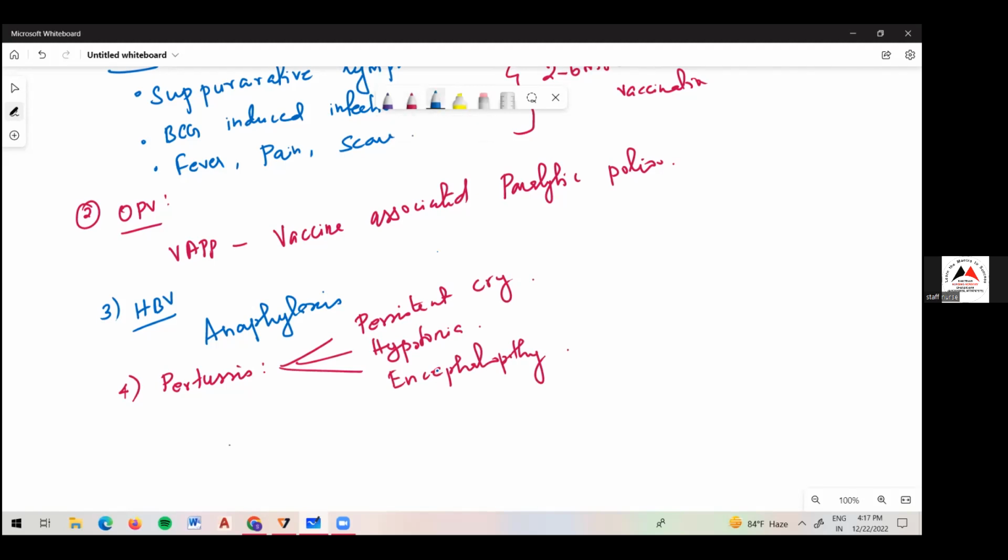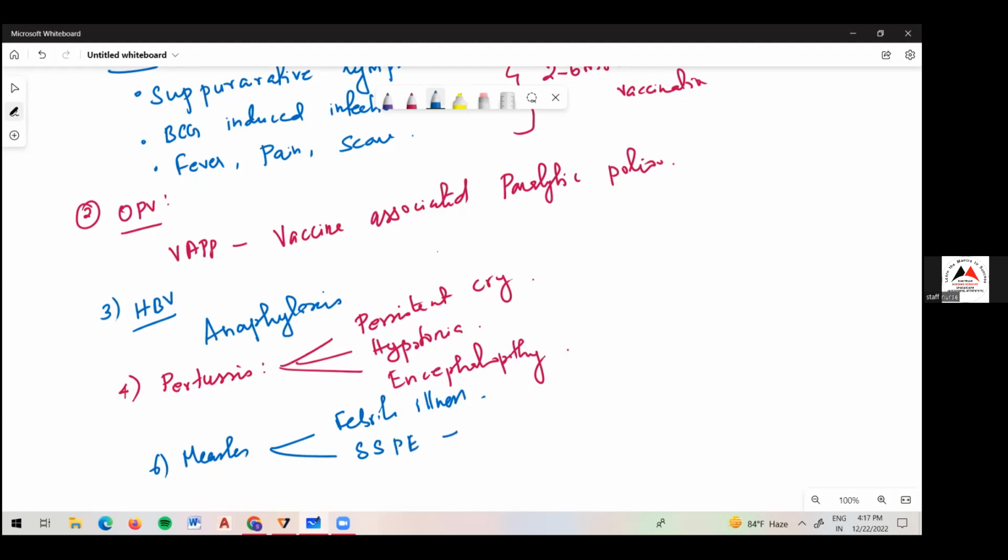The measles vaccine may cause febrile illness. Side effect of measles: because of the measles vaccine there may be a febrile illness, and SSPE, subacute sclerosing panencephalitis.